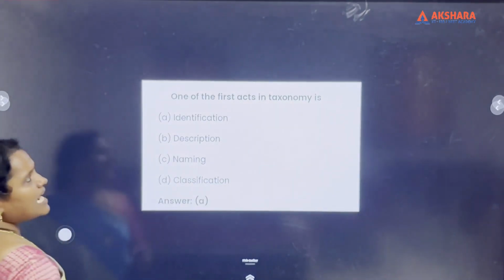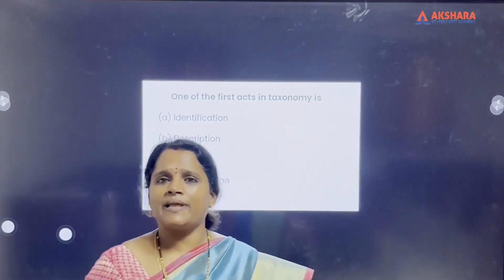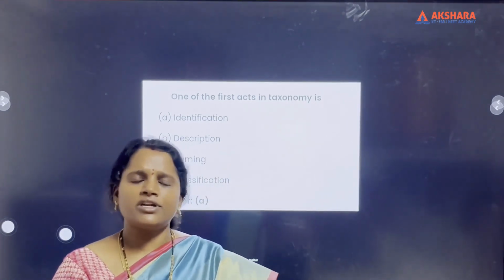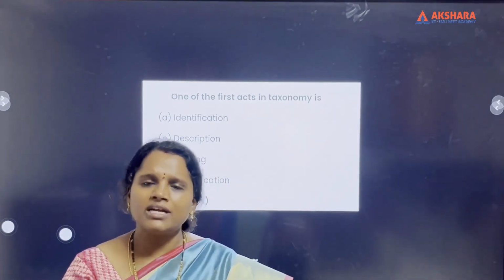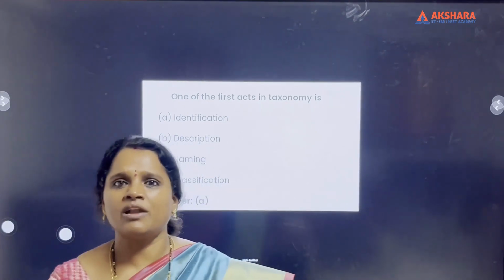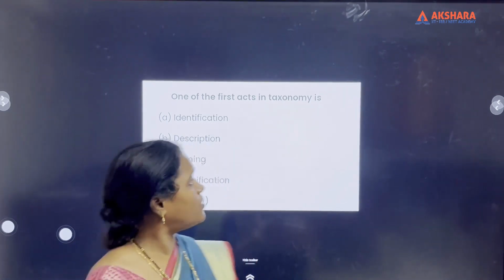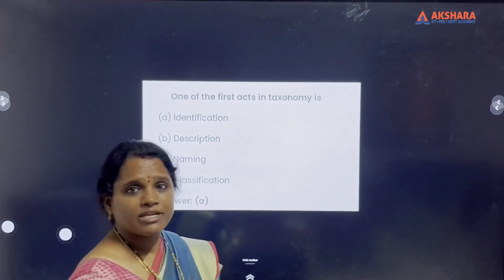One of the first acts in taxonomy is... Here taxonomy explains that you cannot study all living organisms gathered at one place and study all these animals at one time. So what does taxonomy talk about?